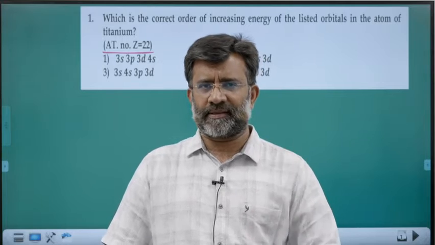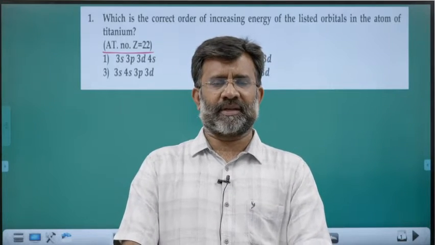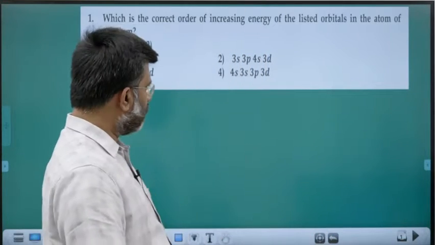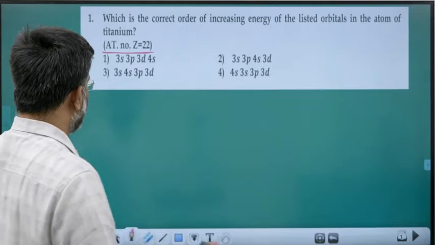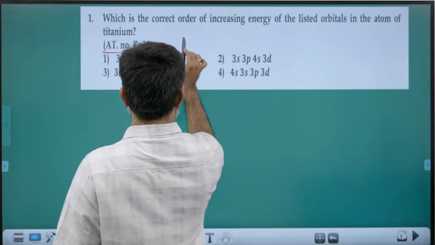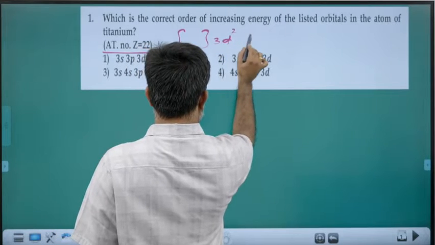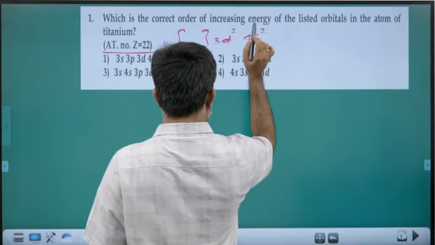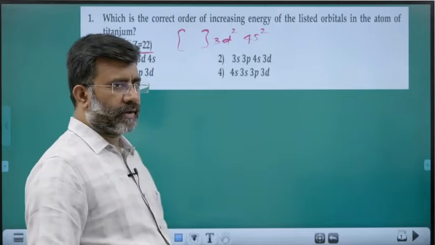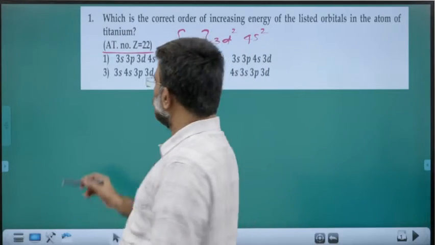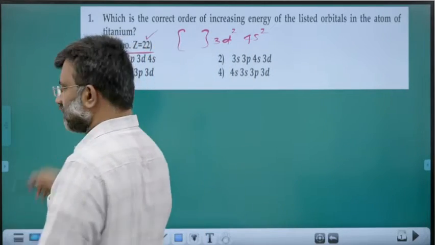All of you know the answer. Atomic number 22 will be configured as d2 s2. The configuration ends up with a noble gas core, 3d2 4s2. That is the electronic configuration.